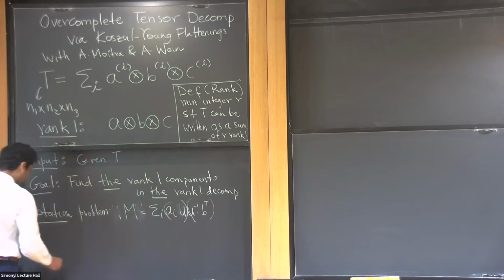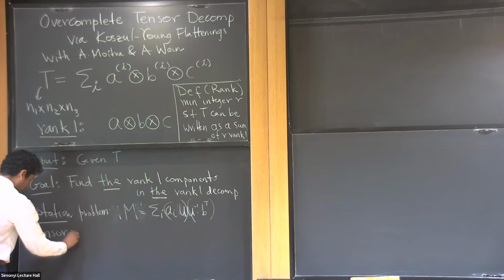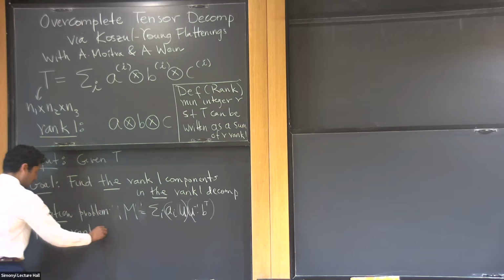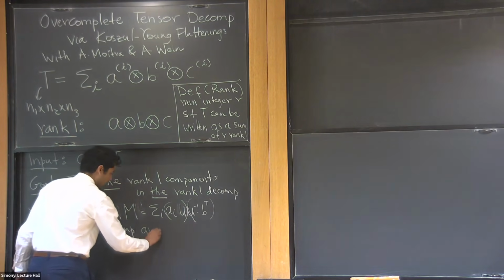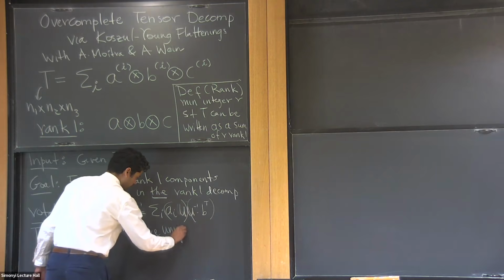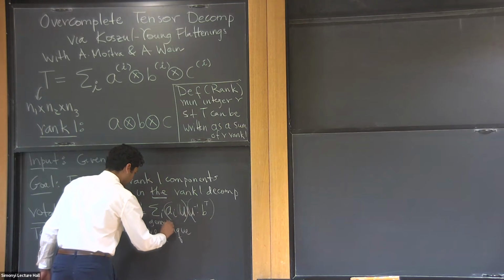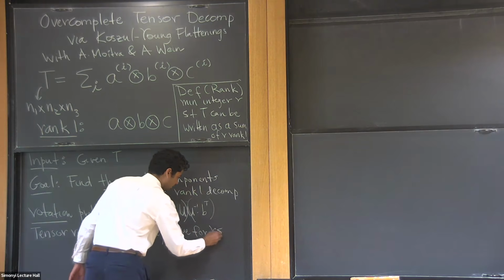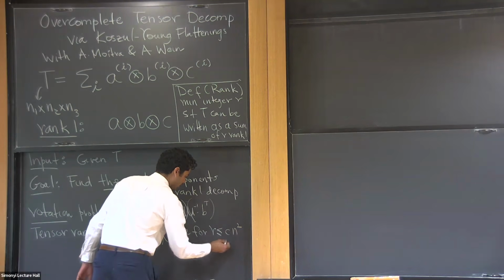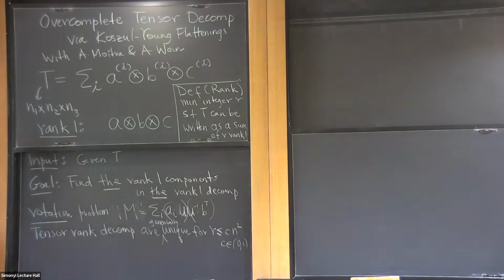So unlike the matrix case, tensor rank decompositions are unique. I'll say generically unique for R less than or equal to Cn squared, for some constant C in the interval (0, 1).